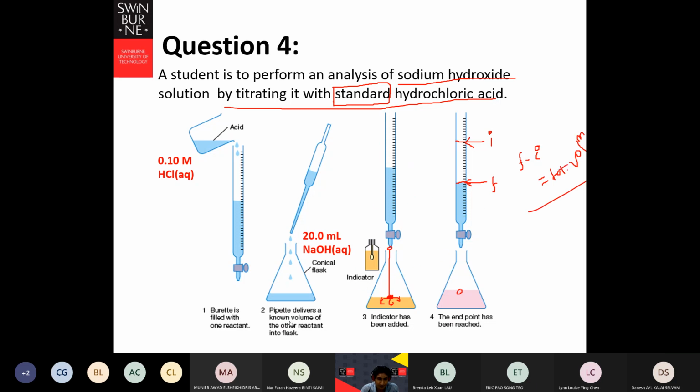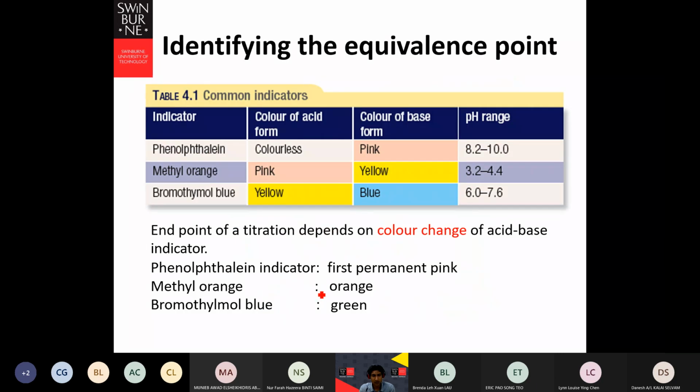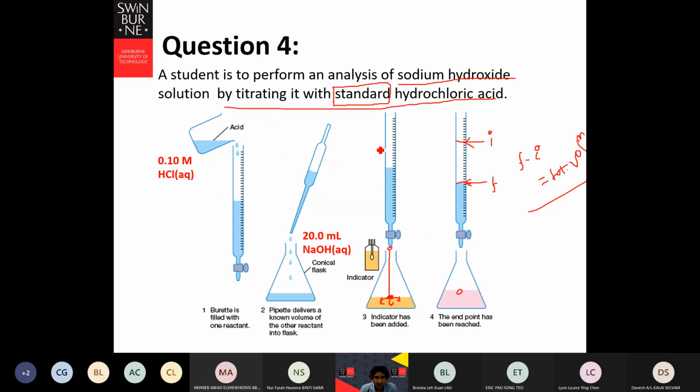So this is how we will find the volume required of the known concentration of HCl. And since the volume we know, let's say X milliliter, and we also know the concentration, 0.1 molar, we can just multiply with the volume and then find the concentration of this solution as well.